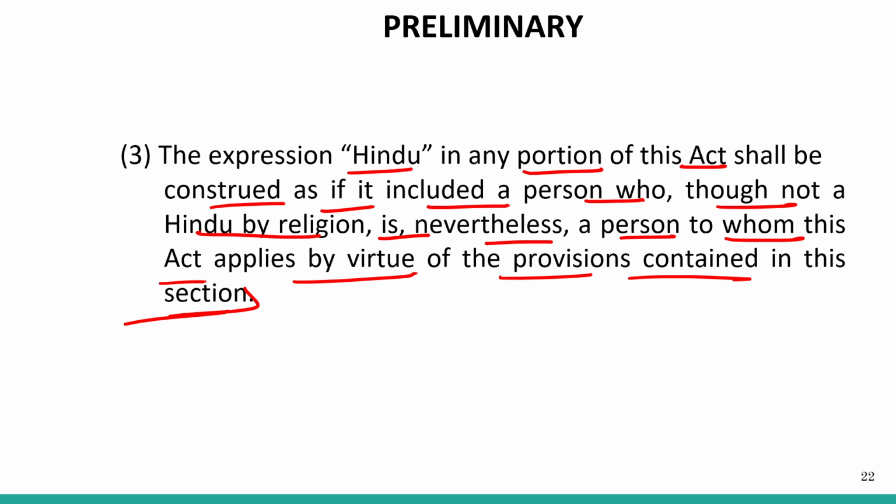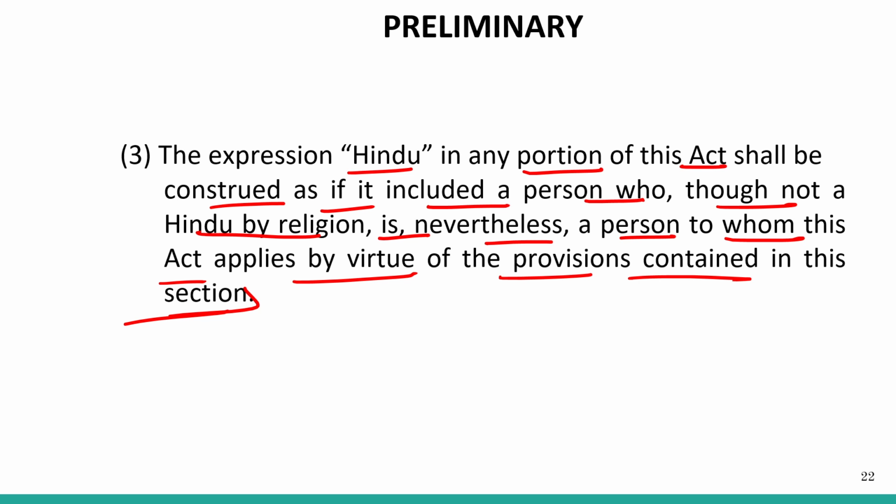So we came to a conclusion that there are perhaps only three conditions based on which a person shall not be considered to be a Hindu. First, they belong to the religion of Muslims, Christians, Parsi and Jews. Second, they are falling within the brackets of Article 366 of the Constitution.